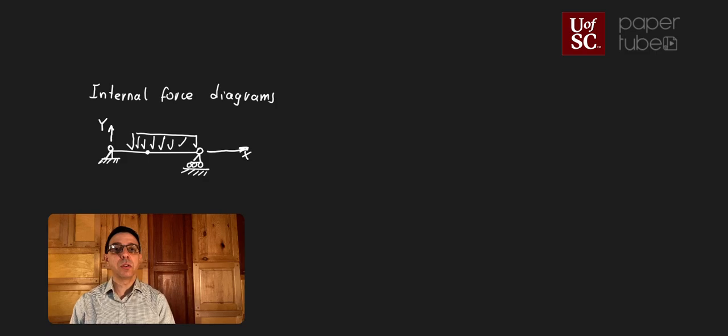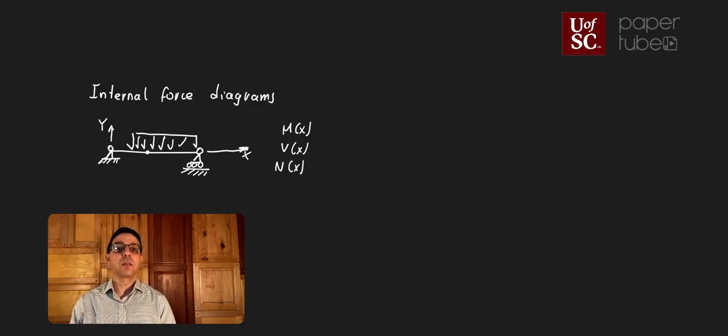And we're going to find an equation of the bending moment as a function of x, and the shear force as a function of x, and the normal force as a function of x, right? Because now if we plot those equations, or if we maximize those equations by taking the derivative and making it equal to 0, we're able to find some key points for designers to take into consideration in their design.